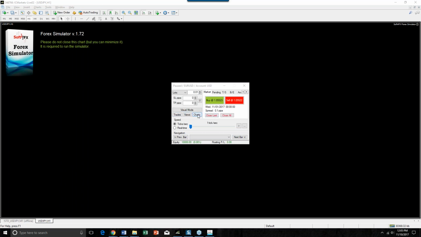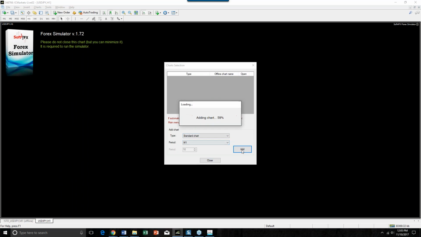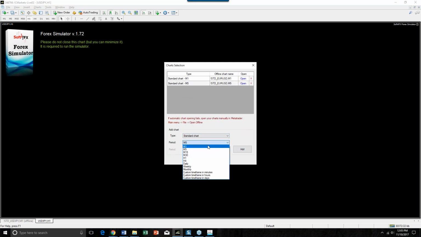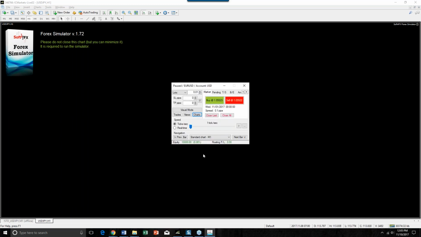I'm not really good at this, so hold on, let's add these charts. So we're going to add, no, I don't want to, no, I don't want to do that either. I don't want to do this one. So let's exit this. Sorry, let me do this one more time. New simulation.